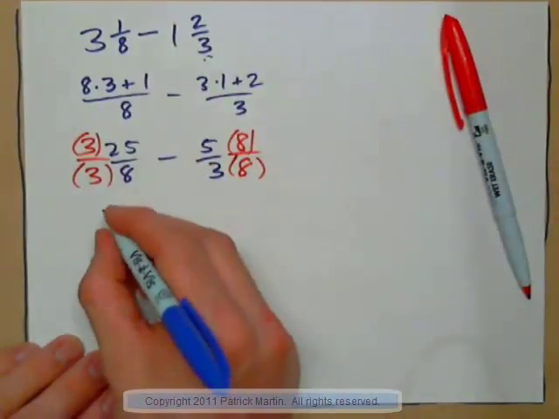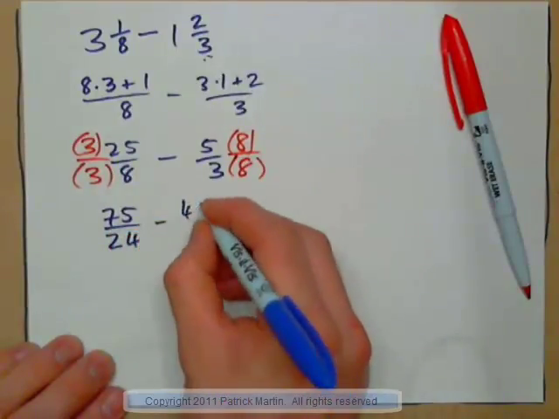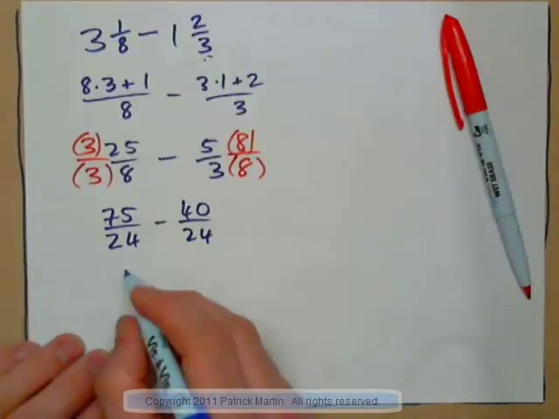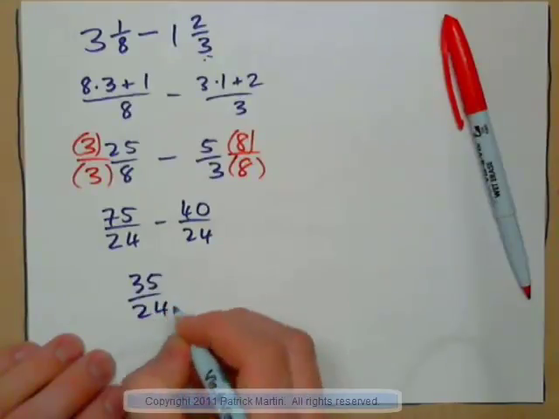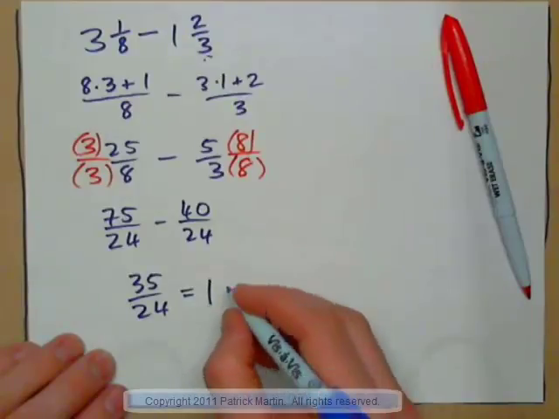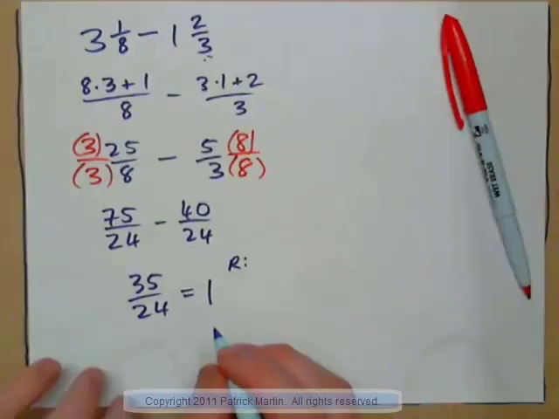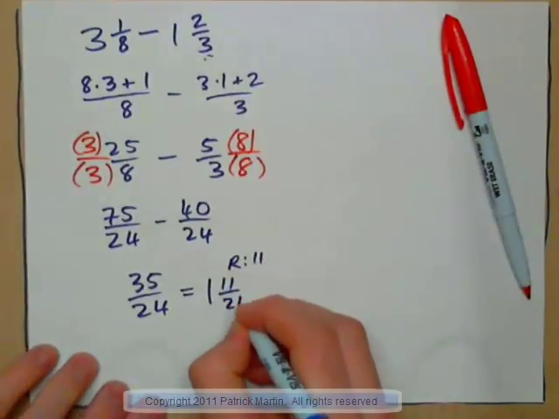So this becomes 75 over 24 minus 40 over 24, which is 35 over 24. And as a mixed number, 24 into that goes once, and remainder, write it down, 11, so that's 1 and 11/24ths.